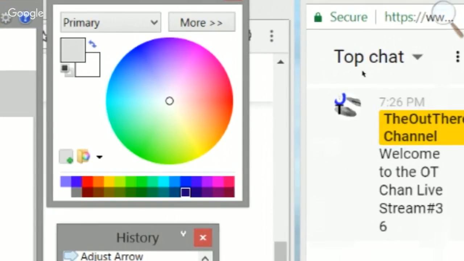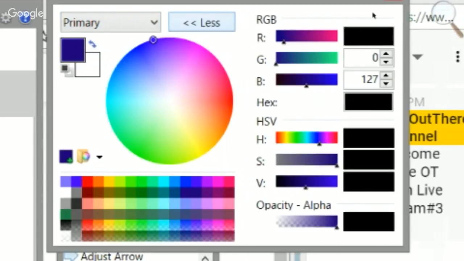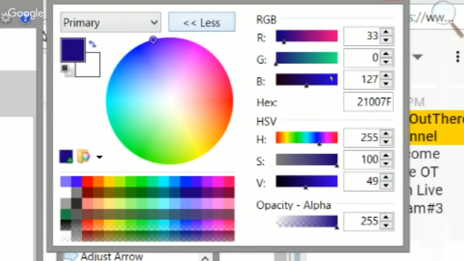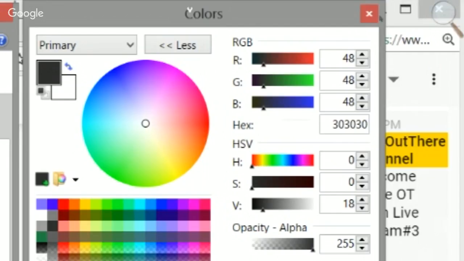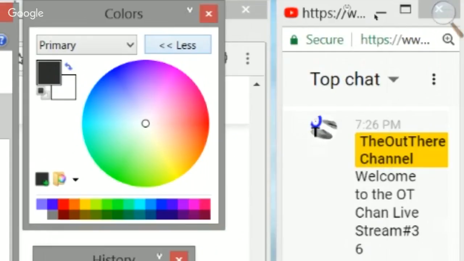Let's see, black on the line. Yeah, that's it. Doesn't look black. Where's black? Primary. More. Is that black? Why is it not on the main chart?